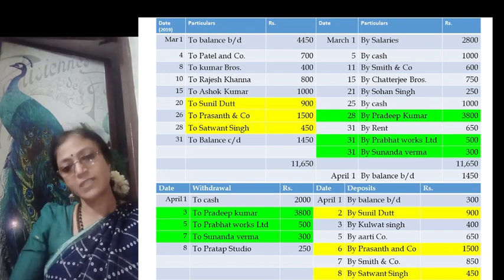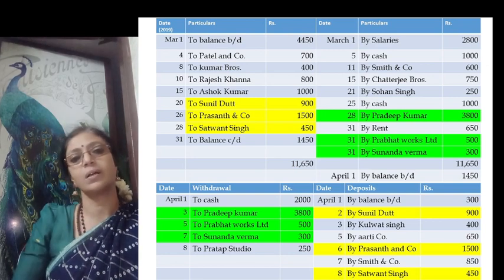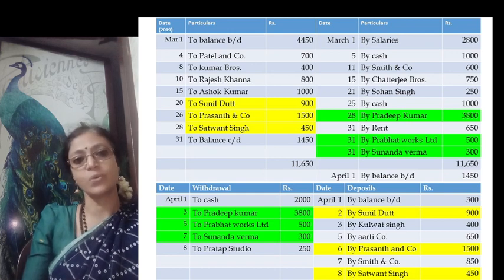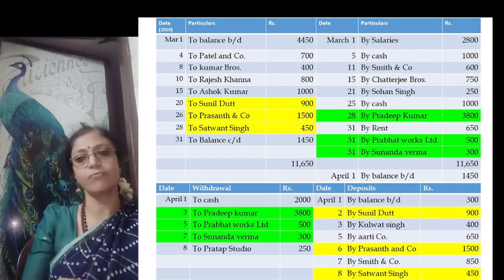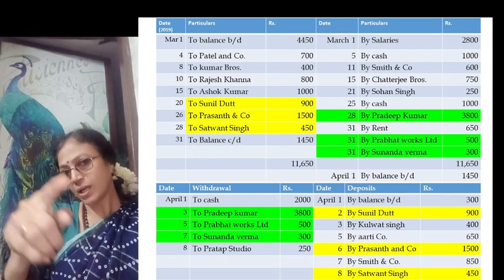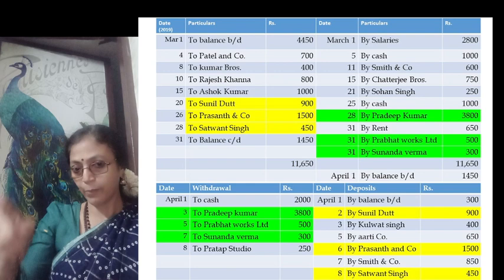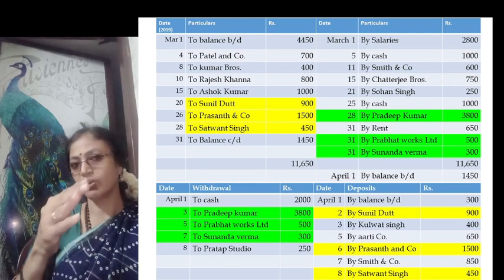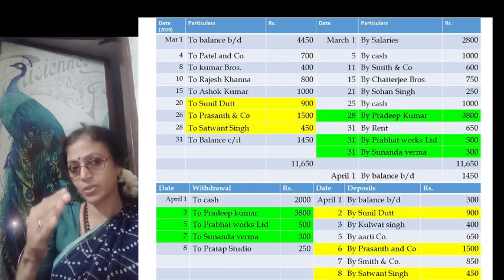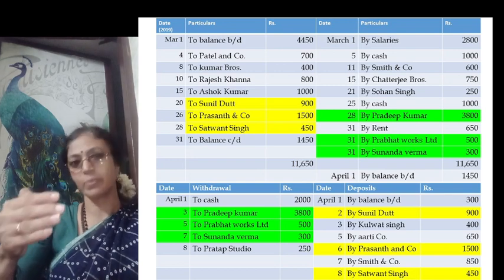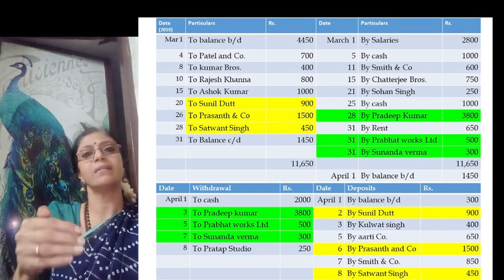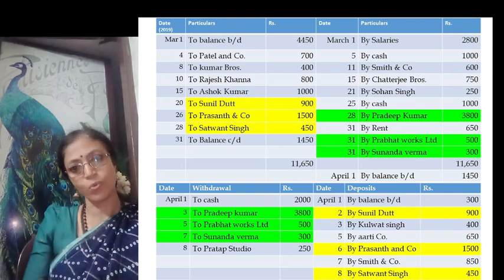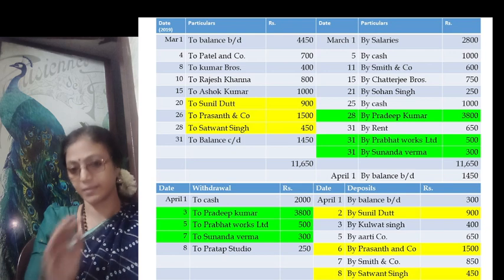But take the next few items. The next transactions are an amount received from Mr. Sunil, an amount of rupees 1500 received from Prashant, and from Shashwat we have received a sum of rupees 450. The bank passbook deposits column shows that we received the amount from Sunil on April 2nd, from Prashant the 1500 on April 6th, and from Shashwat the sum of rupees 450 on April 8th.